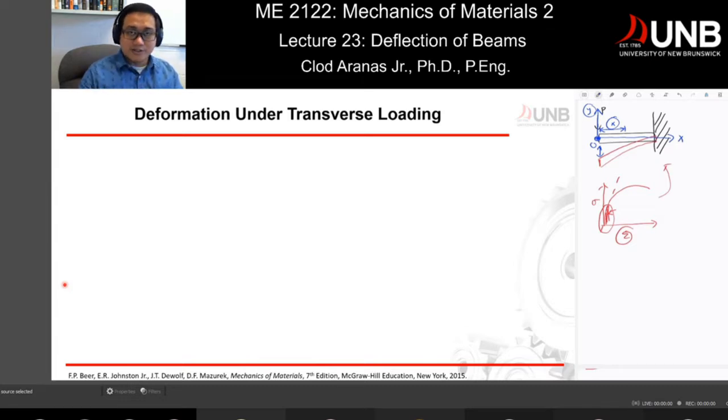That deflection changes from one point of the beam to another. As we move from left to right, you can see that this Y value, or we can call it negative Y because it goes down, changes from one point to another.